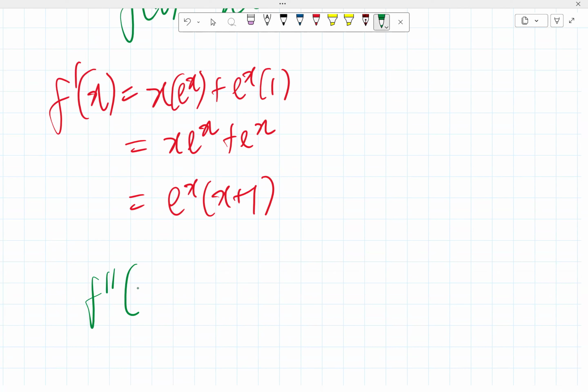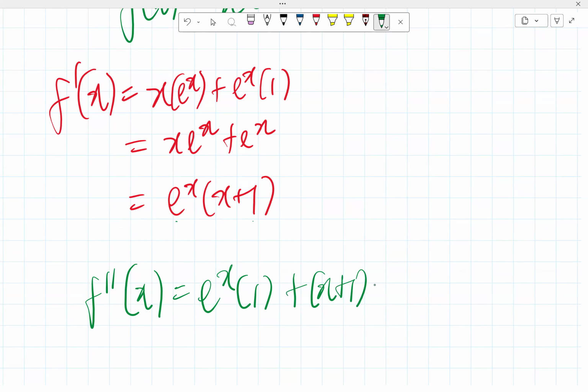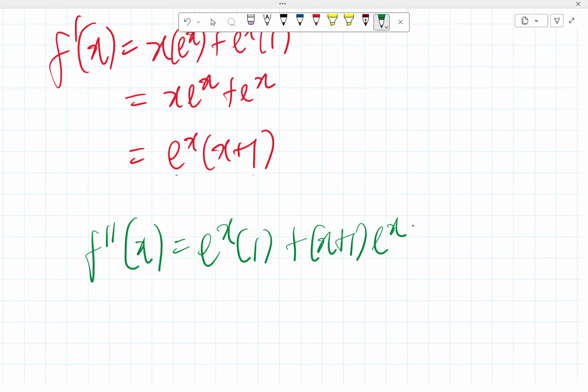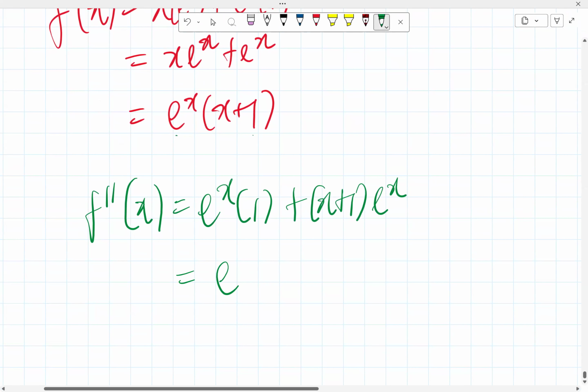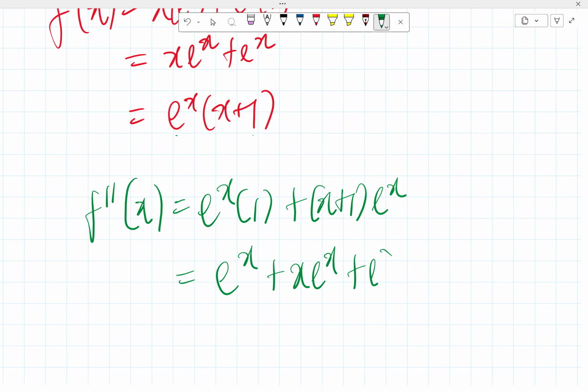Second derivative, f double prime of x now. So now we have u and v. So we have u dv dx plus v du dx like this. So that means we have e raised to power x plus x e raised to power x plus e raised to power x like that.